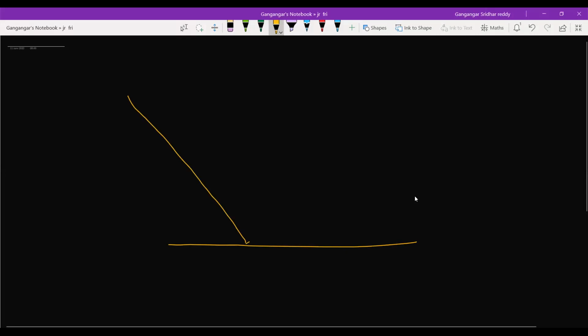In a similar way, there are two inclined planes. This is alpha, this is beta. The planes are inclined at angles alpha and beta.